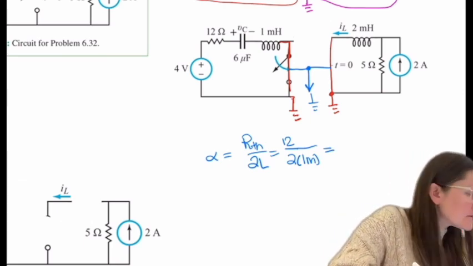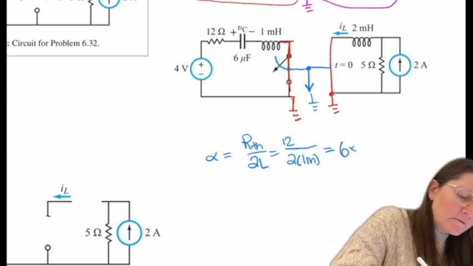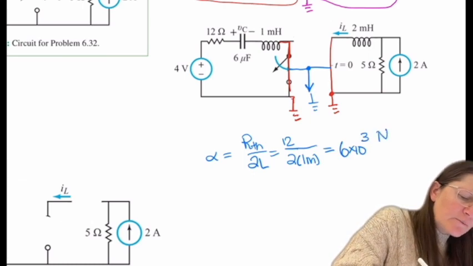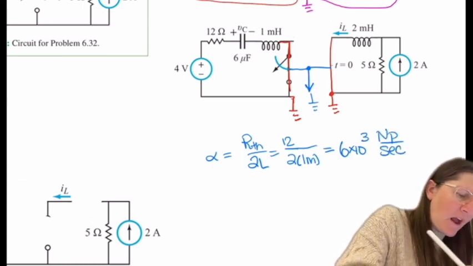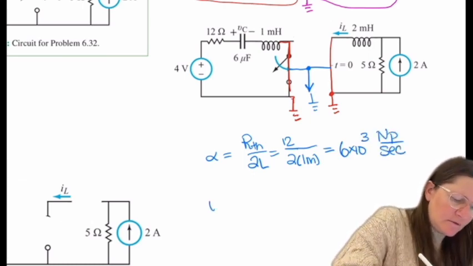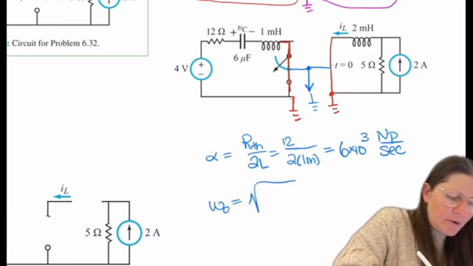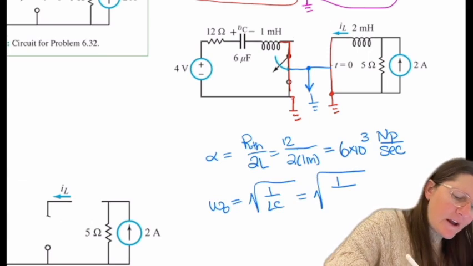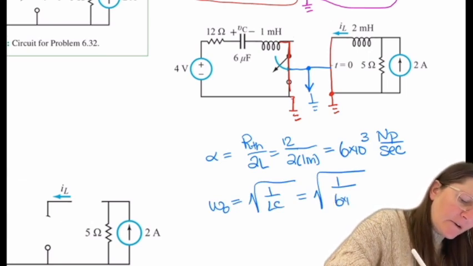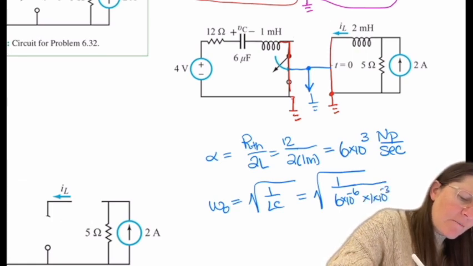So that's 6 times 10 to the 3 nepers per second. And omega naught, square root of 1 over LC, and C is 6 micro, L is 1 milli.